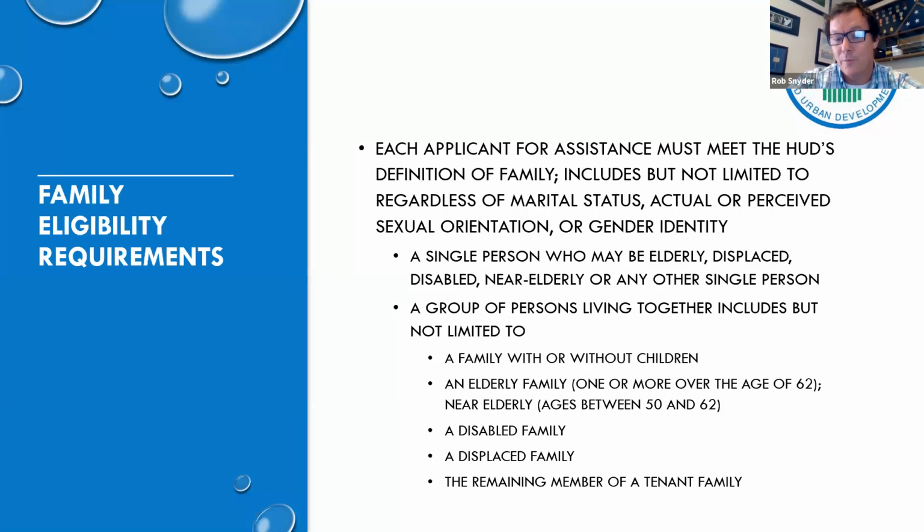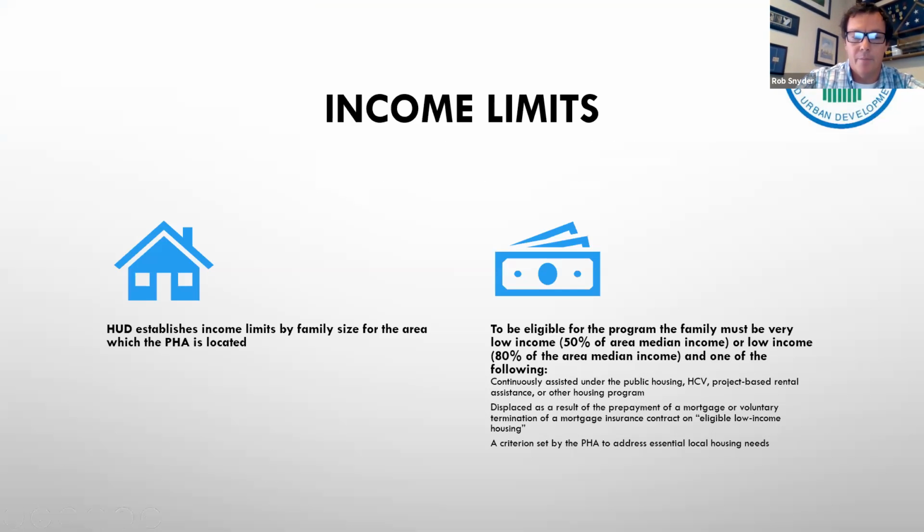It's a group of persons living together, includes but not limited to, as you can see, a family with or without children, elderly folks or near elderly, displaced or disabled, and then also a remaining member of the family or just a single person.